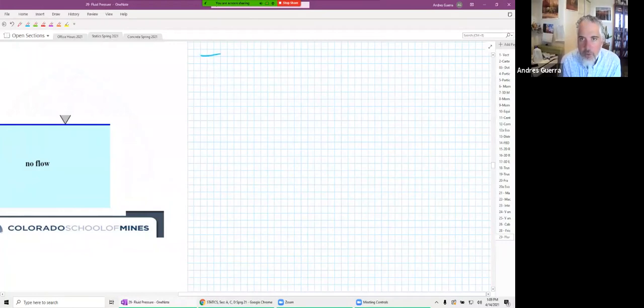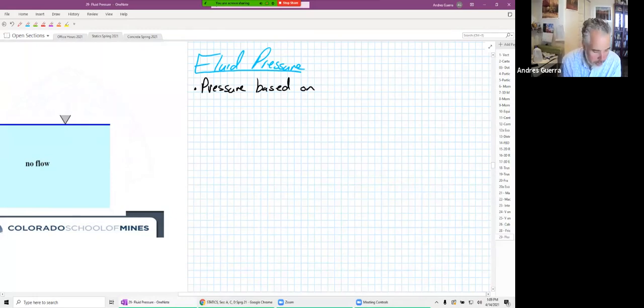So for our fluid pressure, the pressure is entirely based on what is called the unit weight. The unit weight of water.